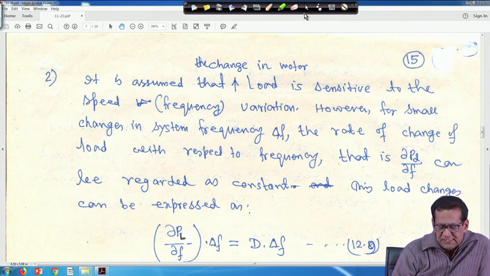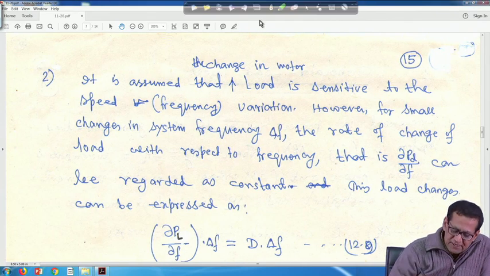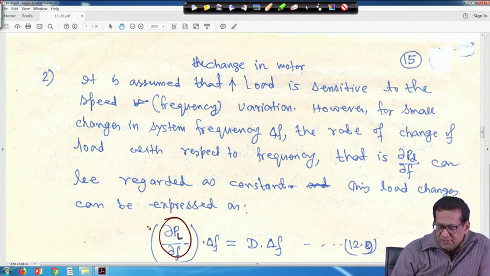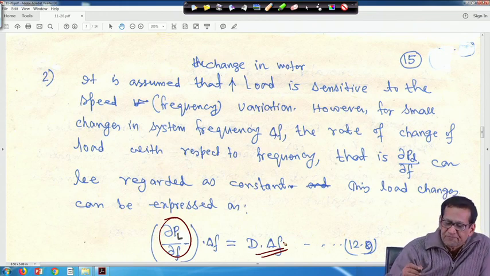So, these load changes can be expressed as delta PL by delta F into delta F, but this is a constant. So, this part is a constant into delta F, we call this D into delta F.